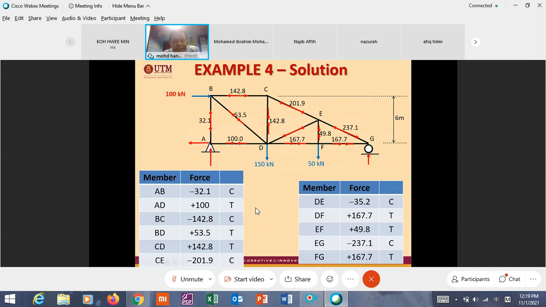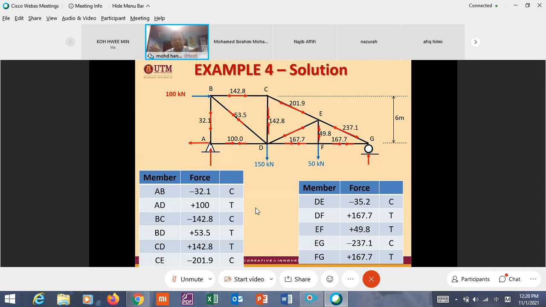If you represent it in this figure, take for example 32.1 for member AB. This is the direction of the arrow for compression. The direction of the arrow is going out from the member. You can imagine if you are here, what are you feeling?